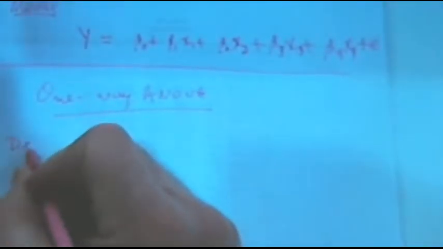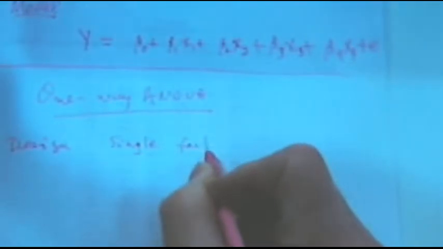That's essentially what we have, and the design would be a single factor A, say, with K levels. Or you could have K treatments.